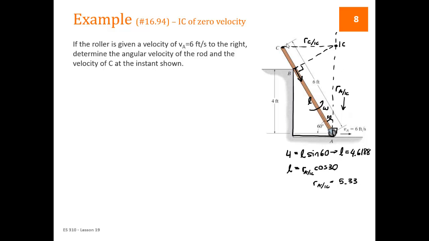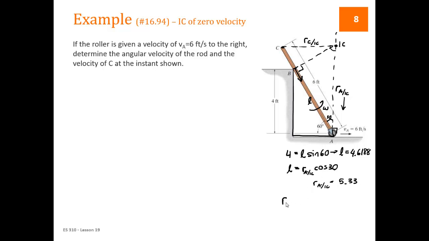Since this may not be straight across, we cannot assume that this angle is a right angle. So we're going to have to use the law of sines or cosines in order to find our R of C relative to IC. In this case, we know one angle and two sides, so we can use the law of cosines.